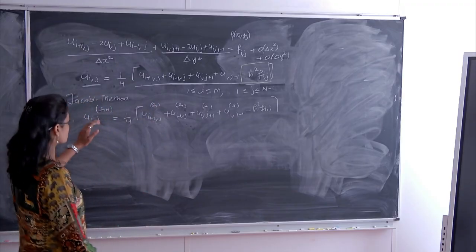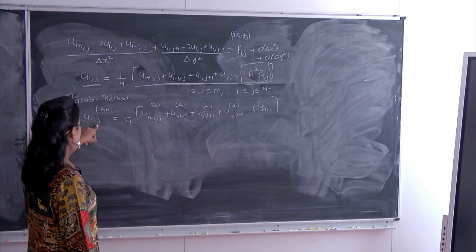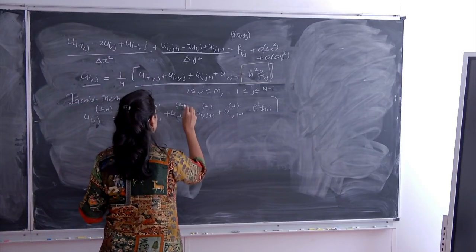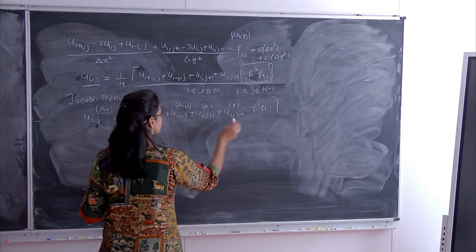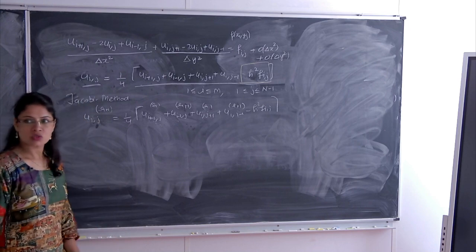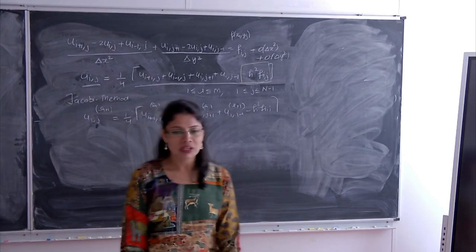So this was our Jacobi method, and what was your Seidel method? Seidel method was, here I have r plus 1 and here also I have r plus 1. So this was the method that we have already done.